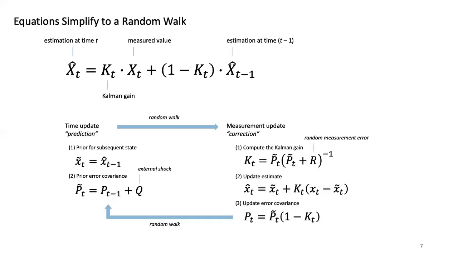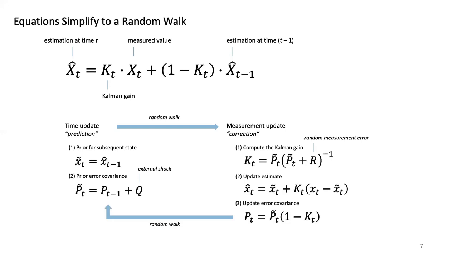So in practice, what we have is essentially these two separate updating equations in our random walk model, basically saying we have a stable state.